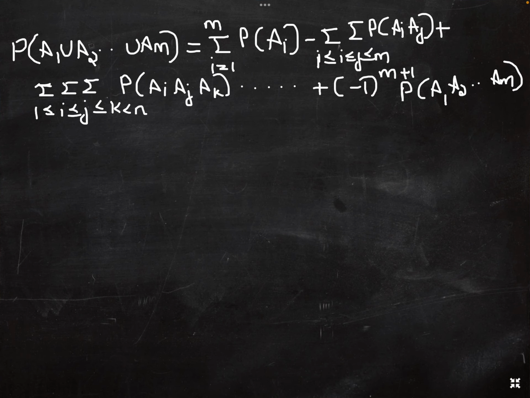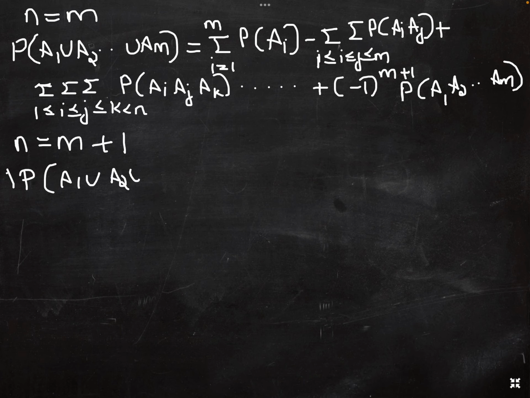This is for n equal to m. Then for n equal to m plus 1, we write P of A1 union A2 union etc. union Am union Am plus 1.